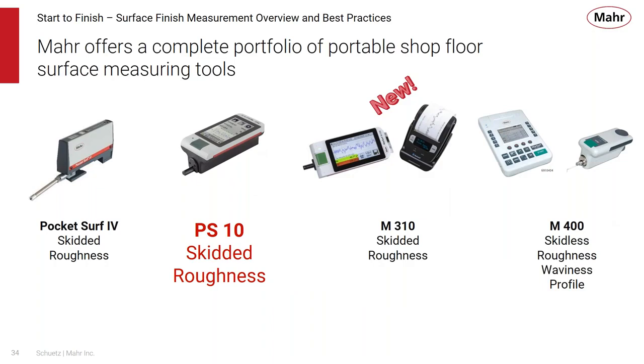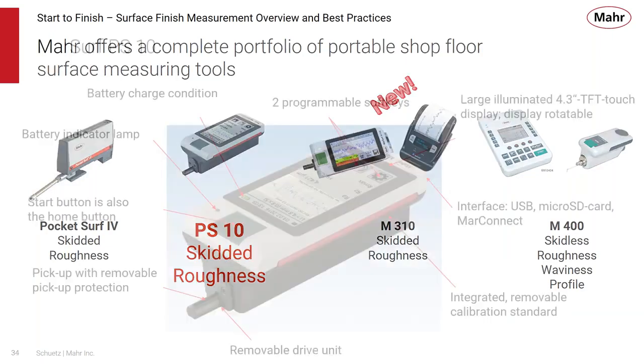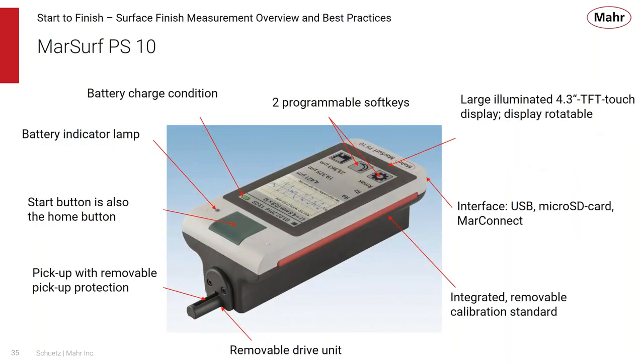Now, a number of years ago, we introduced the PS10, which is another skidded roughness system. And this was really unique to the line of portable surface finish gauges. The idea here was that we wanted to bring ease of use, but more capabilities to the machine tool operator. So what we tried to do was give us a nice large screen that really acted like a mobile phone.